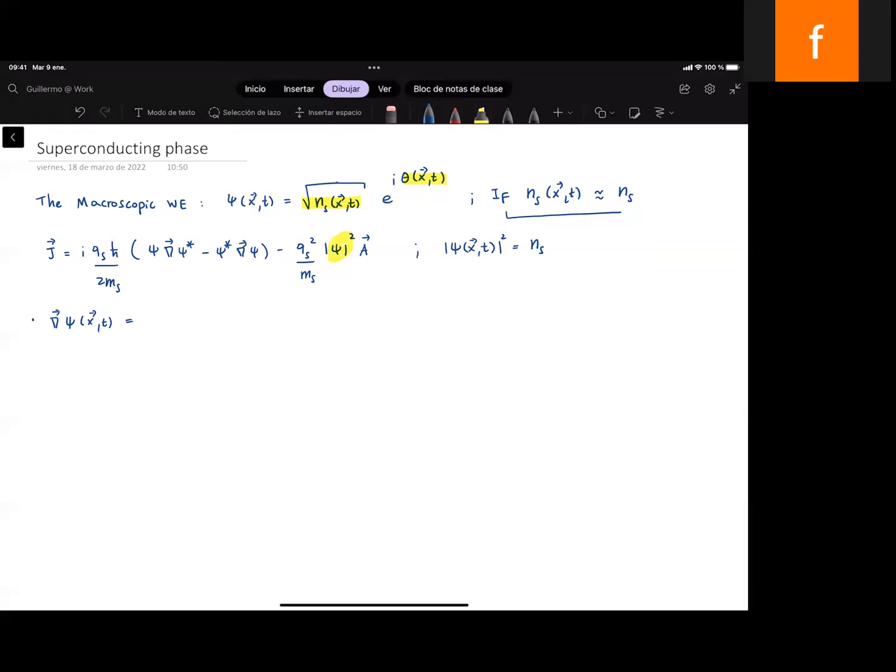Of course, in this case the gradient will act on the phase only. Here we have square root of n_s, and here we have the gradient of e to the i theta.